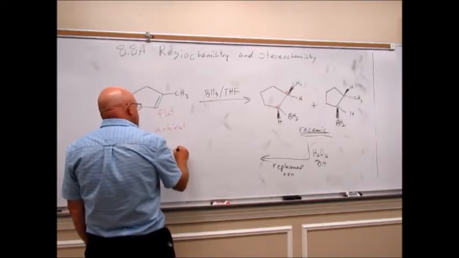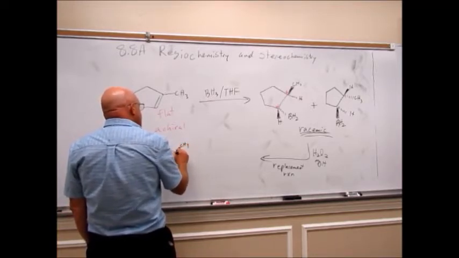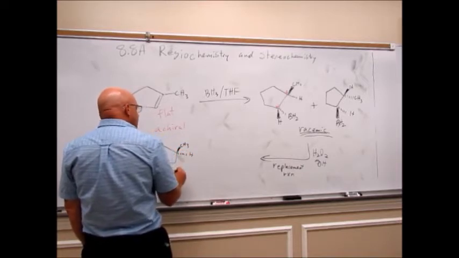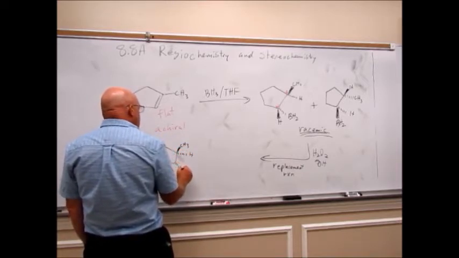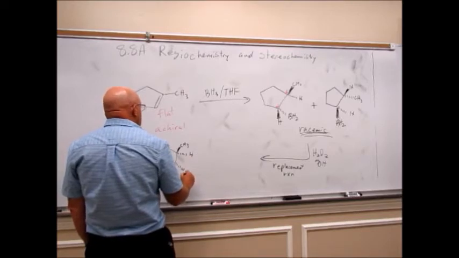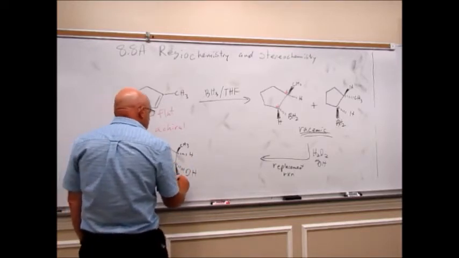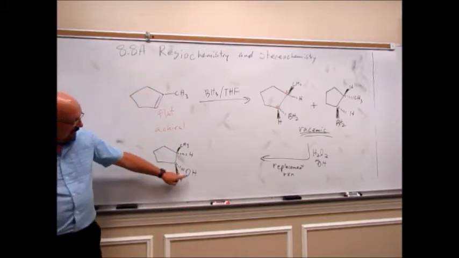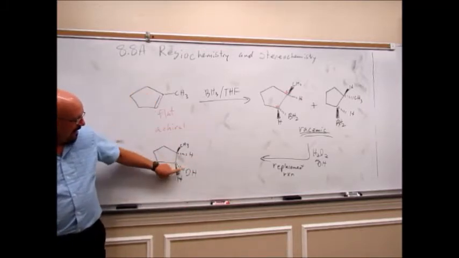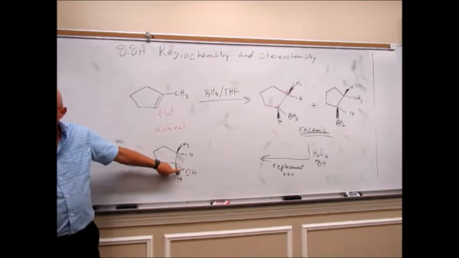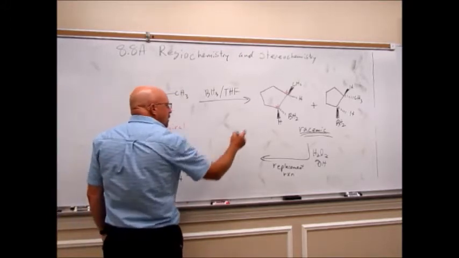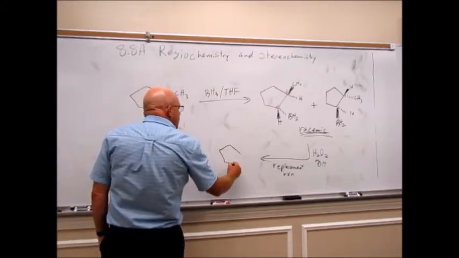We keep the same stereochemistry. If it were a substitution, we should get inversion of configuration. But we know, by doing the reaction, we don't get inversion. There's the first one. That OH replaces the boron and it keeps the same stereochemistry. We'll also do it on the second one there as well.